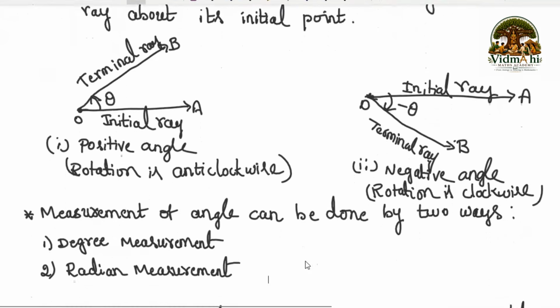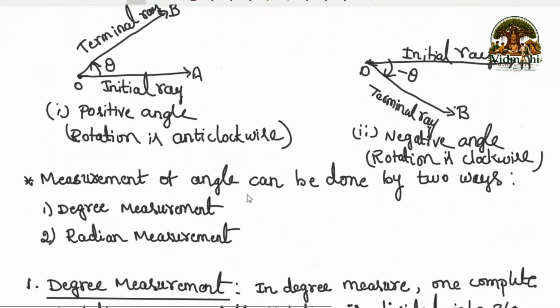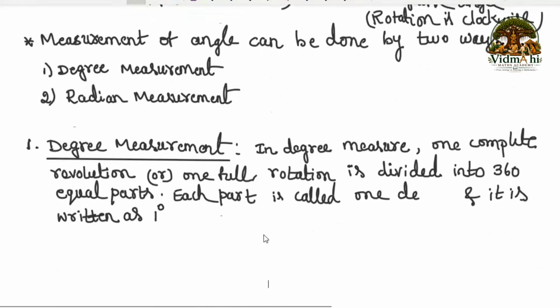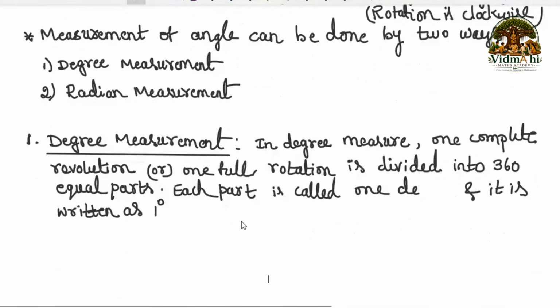Now, measurement of angle can be done in two ways. One is degree measurement and another one is radian measurement. Now we will discuss degree measurement first.